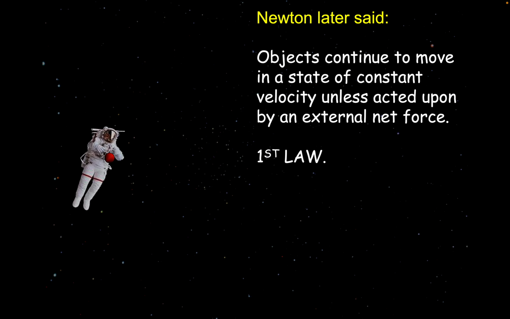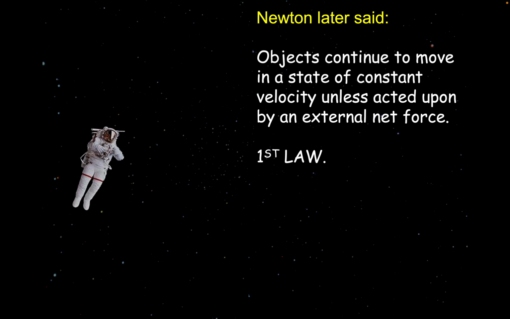He said objects continue to move in a state of constant velocity unless acted upon by an external net force or an external resultant force. Okay? So if you do the same action again, the astronaut pushes the ball, it should continue in its constant state of motion at constant velocity.